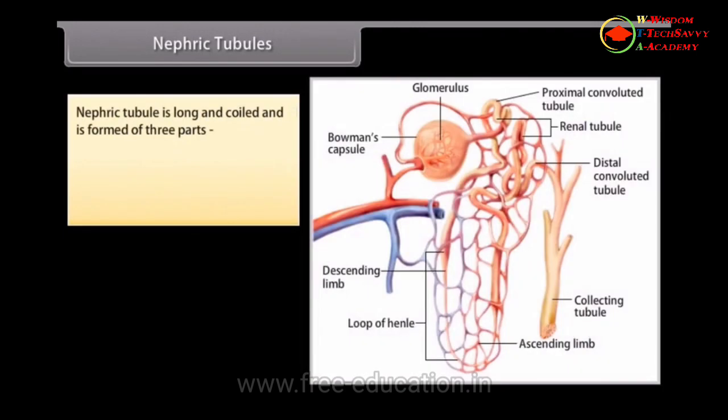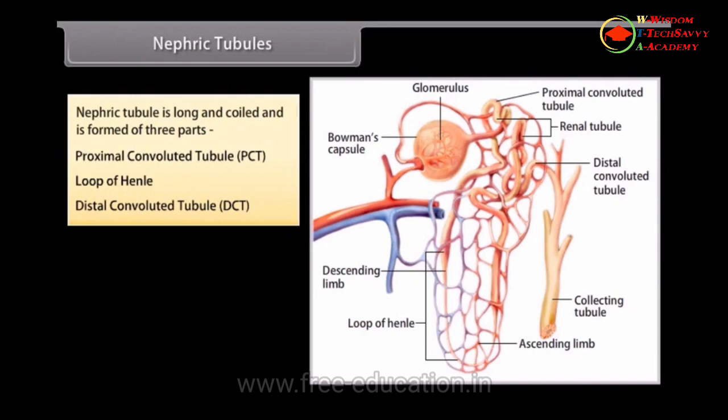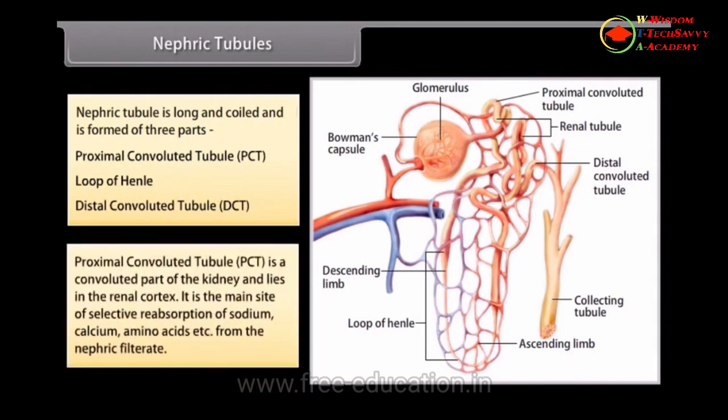Nephric tubules. The nephric tubule is long and coiled and is formed of three parts: proximal convoluted tubule PCT, loop of Henle, and distal convoluted tubule DCT. Proximal convoluted tubule PCT is a convoluted part of the kidney and lies in the renal cortex.